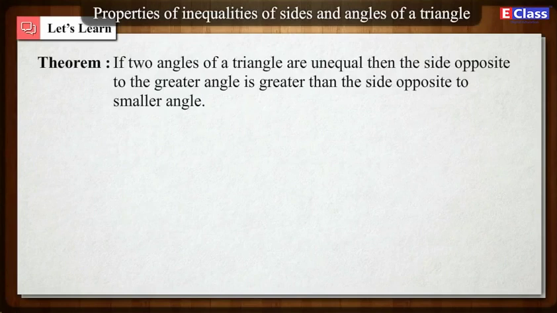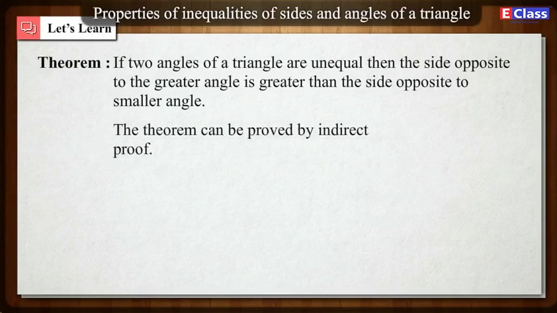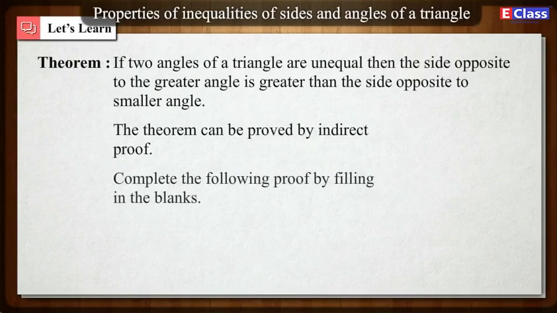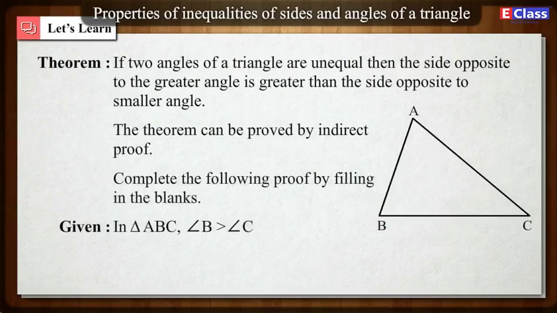The theorem can be proved by indirect proof. Complete the following proof by filling in the blanks. Given. In triangle ABC, angle B is greater than angle C. To prove, AC is greater than AB. Proof.